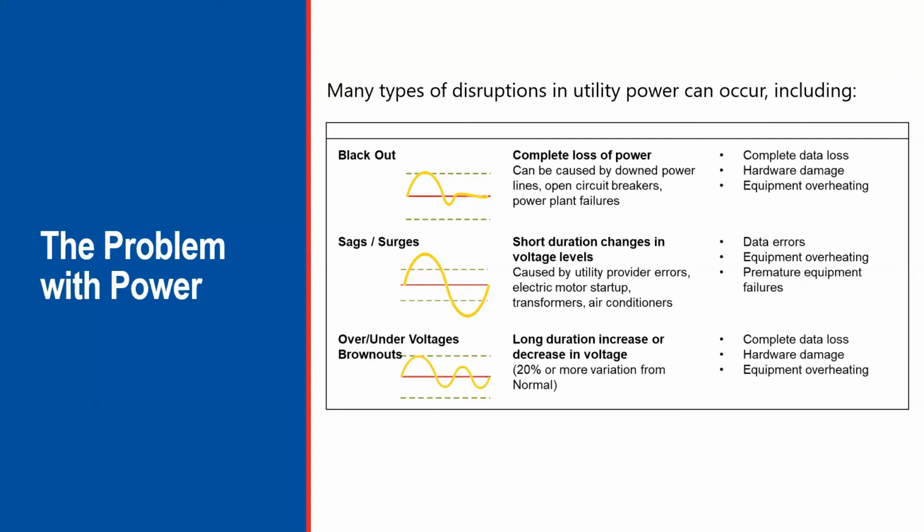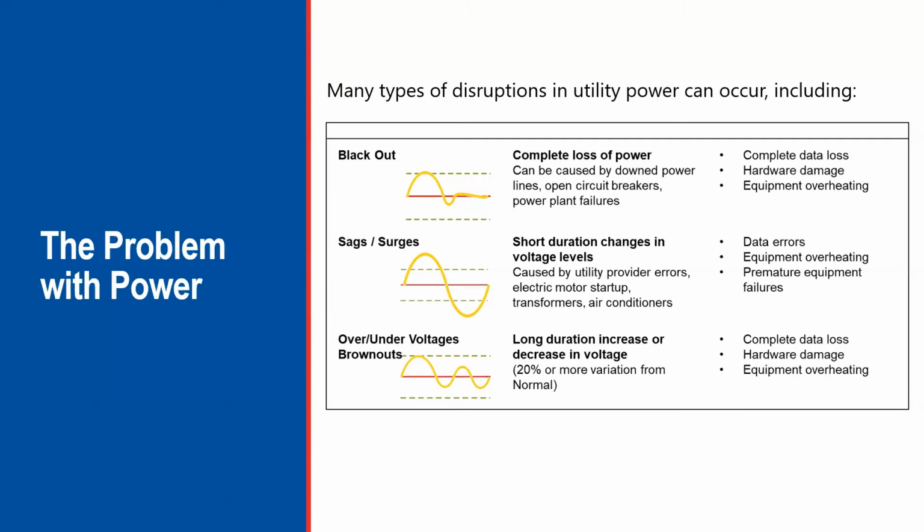So the next two slides, we are going to cover the many types of disruptions that can occur through utility power. Before you can understand how to pick the right backup power solution or power protection, I think it is important to go through the types of disruptions that utility power can cause and occur on a daily basis.